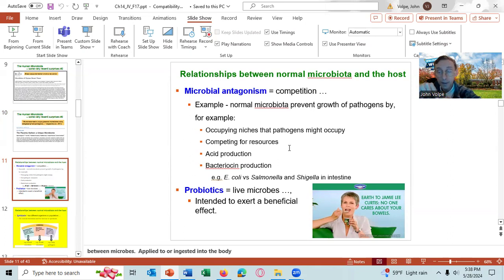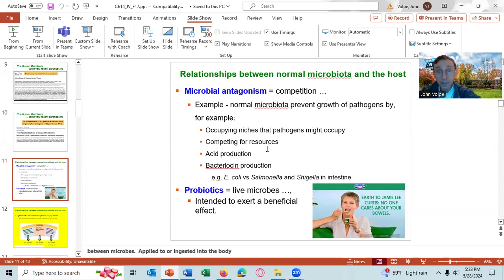For example, I've got Staphylococcus epidermidis on my skin. So if Staphylococcus aureus were to happen to fall on my skin, it might fall on part of the skin where Staphylococcus epidermidis already is. And then the pathogen, Staphylococcus aureus, cannot get established because the niche is already occupied.